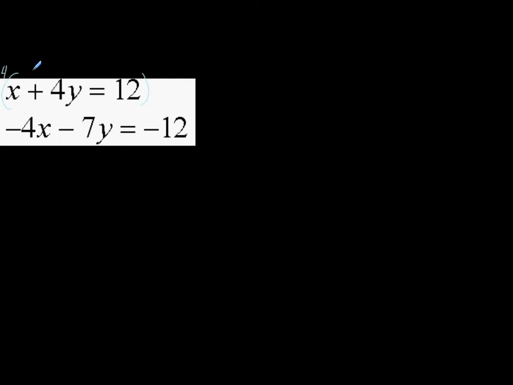Because notice what would happen. 4 times x would be 4x, giving us positive 4x on top, negative 4x on bottom. Alright, let's do that. 4x plus 4 times 4 would be 16y equals 4 times 12, which is 48. Now let's rewrite this beneath it.